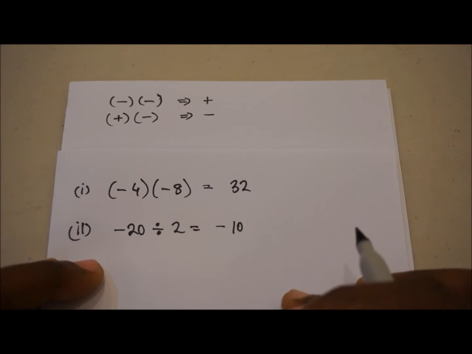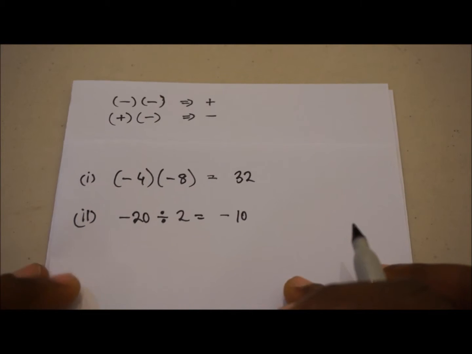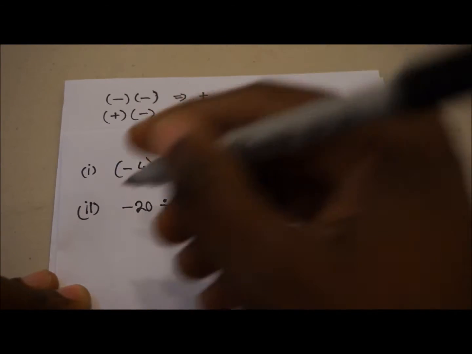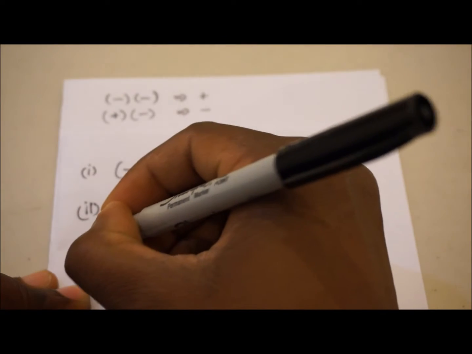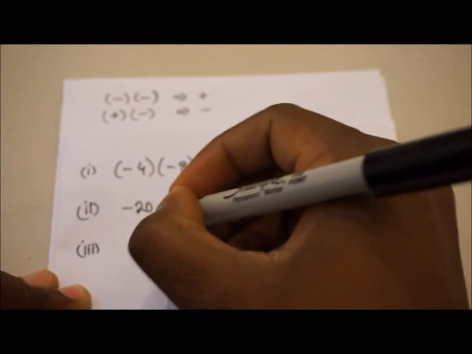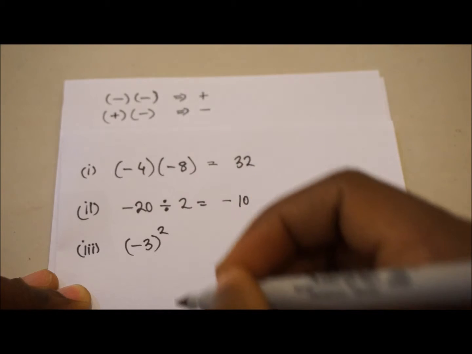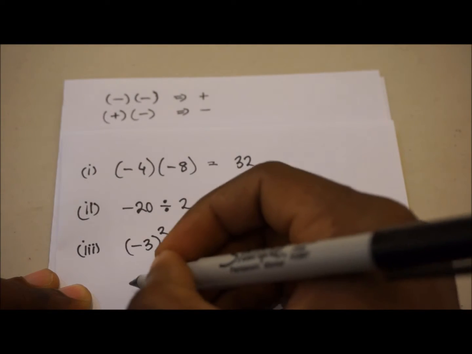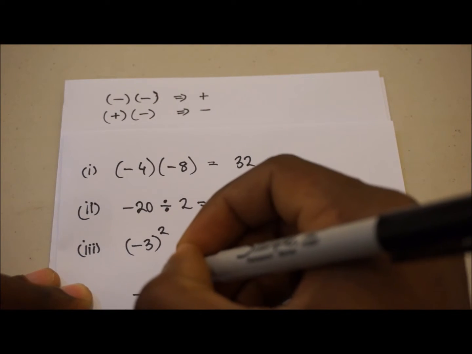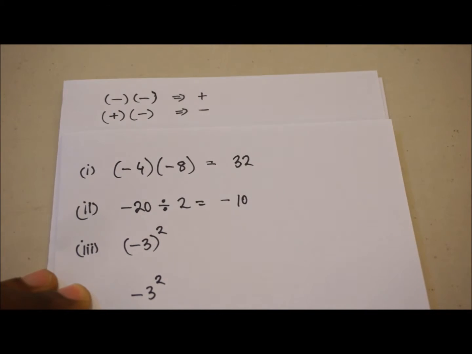A final example that can demonstrate something with brackets. Notice this. (-3) to the power of 2 as compared to -3 with a power of 2 here.